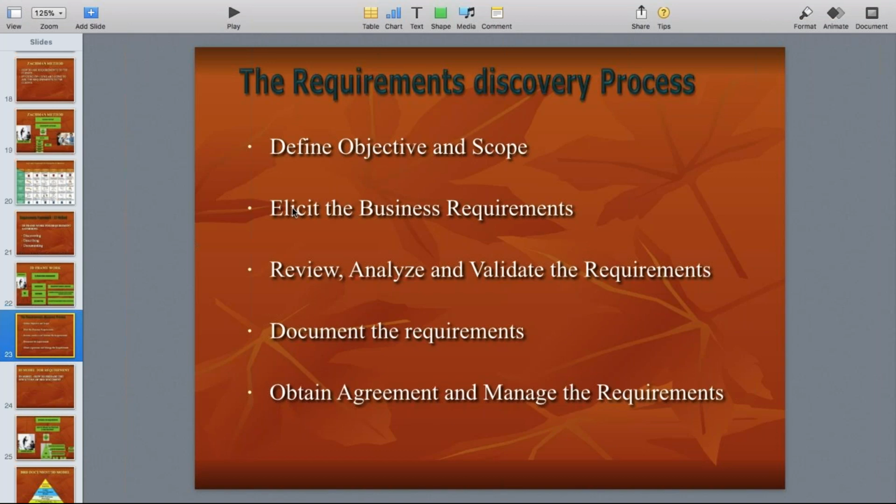What is the difference between elicitation and gathering? Here they said elicit. Gathering means getting it from the client. Elicit means maybe we are showcasing it to him from our end. You said it in the opposite way. Elicitation is whatever the client tells you, whatever the client says, you make a note of it.